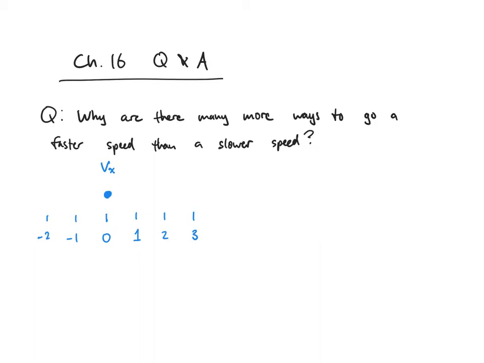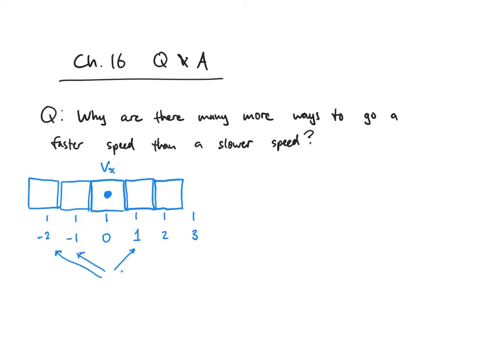So it might have the velocity 0, in which case it falls in this little box right here. But if it has a velocity of 1, then we're going to say it falls in this box. If it has a velocity of 2, we'll say that it falls into this box. If the velocity is negative 1, it's in this box. And if it's negative 2, it's in this box.